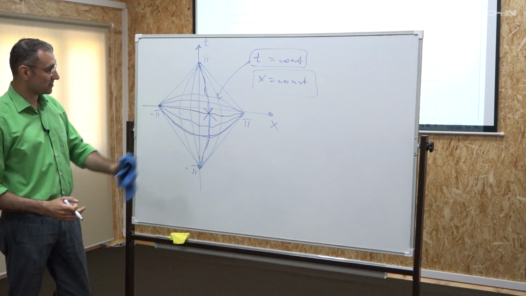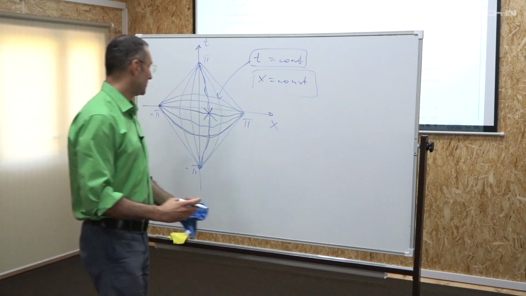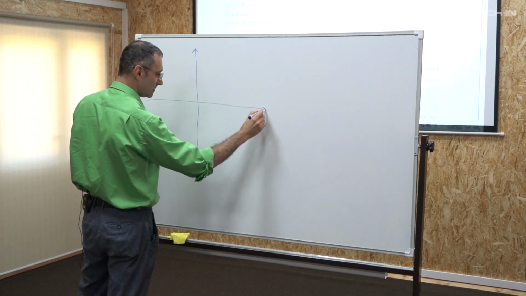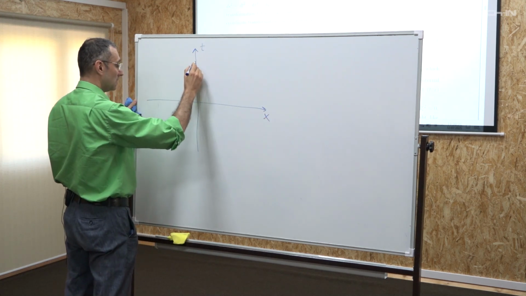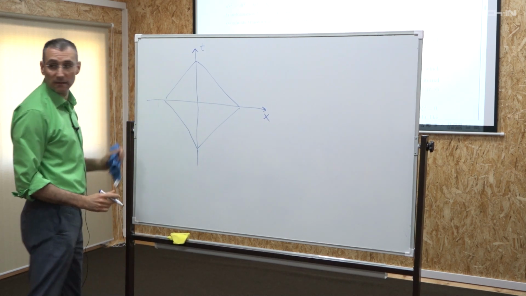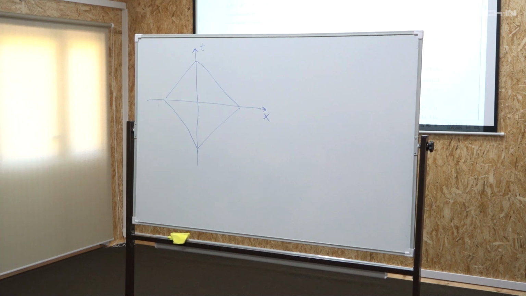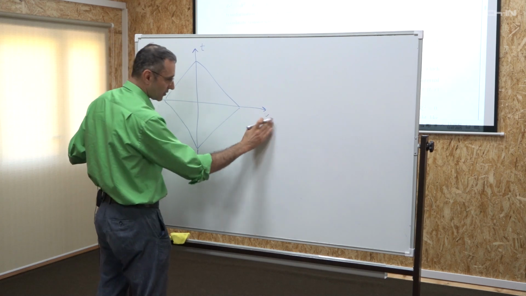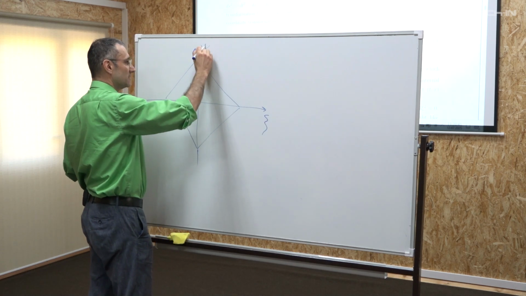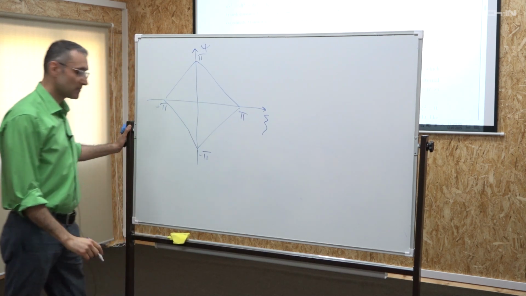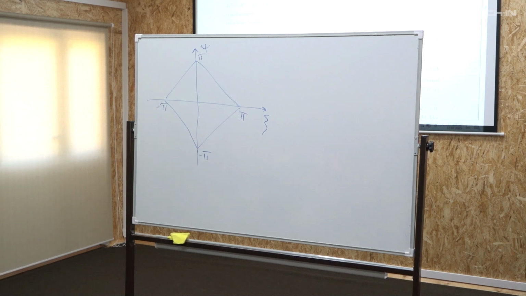Now we can see the property of the space-time on this diagram. On the plane T, X, I draw it like this, and they range from minus pi to pi, from minus pi to pi.